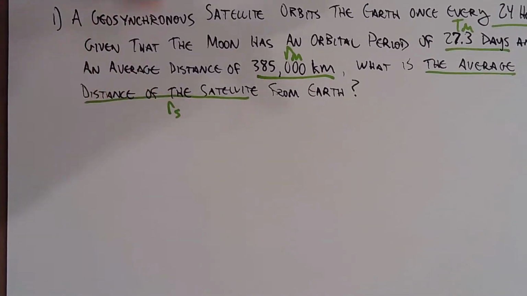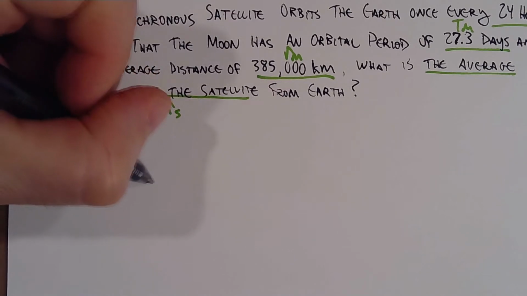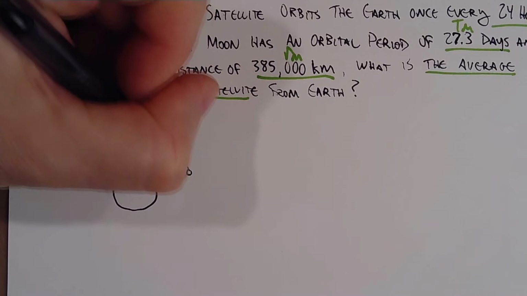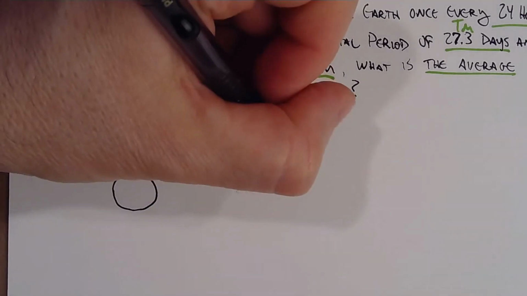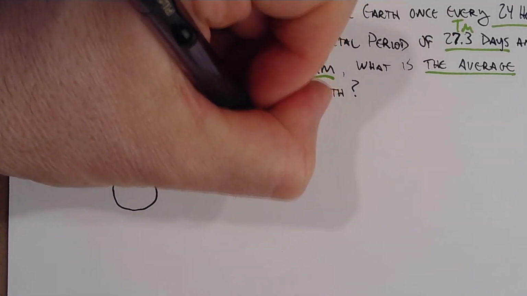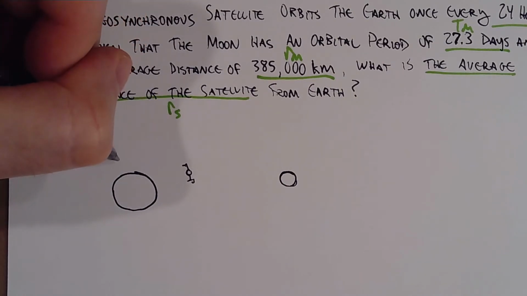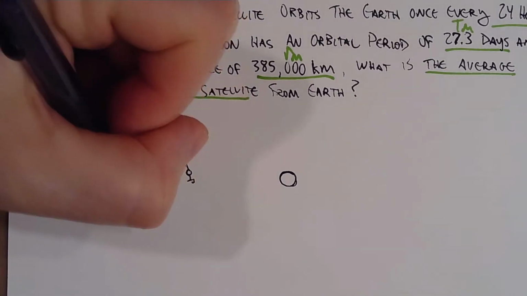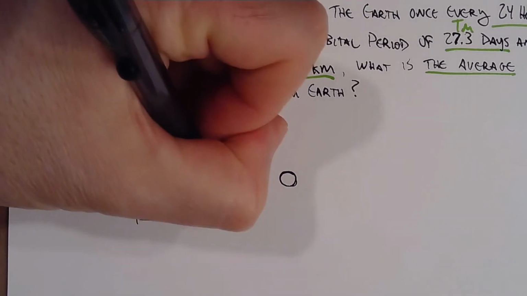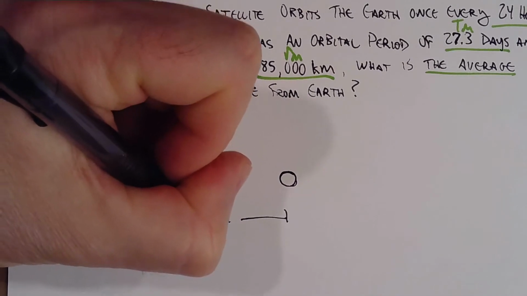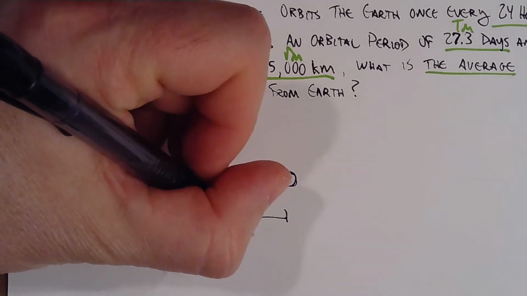All right. So we have the Earth, and we have a satellite, and we have the Moon out here. And we know that the Earth to the Moon is 385,000 kilometers.